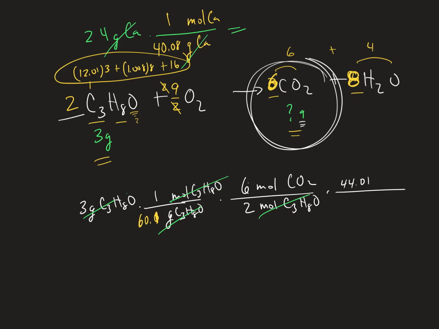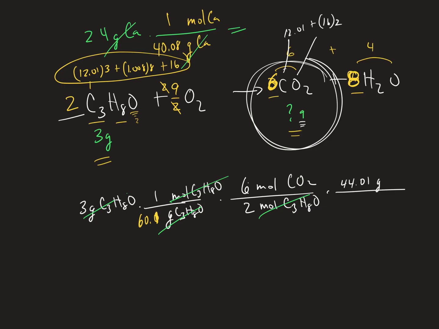I'm just finding it from the periodic table. The atomic mass of carbon is 12.01, plus the atomic mass of oxygen is 16, but there's 2 of them, so we have to multiply that by 2. We get 32 plus 12.01, that's 44.01. Good?